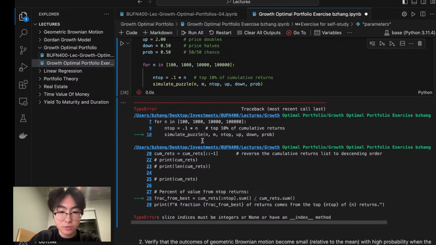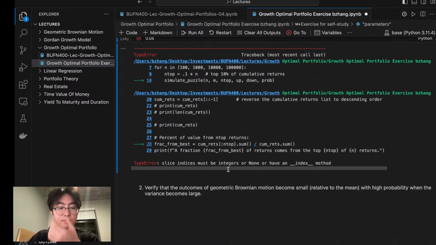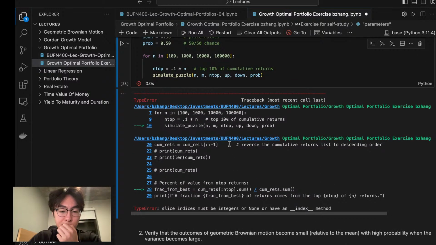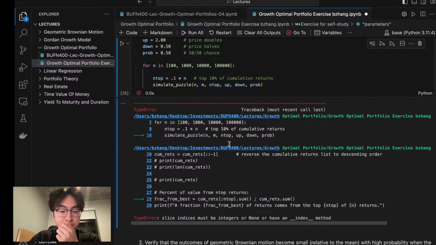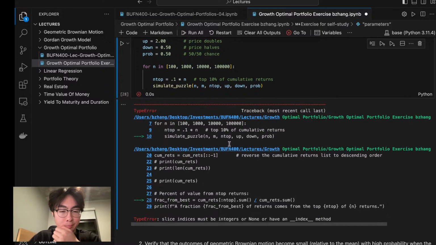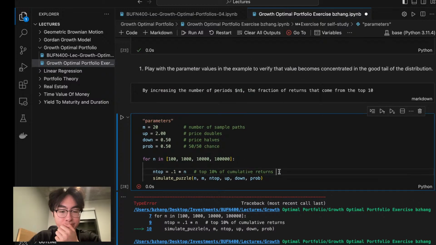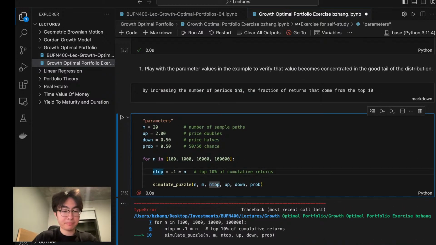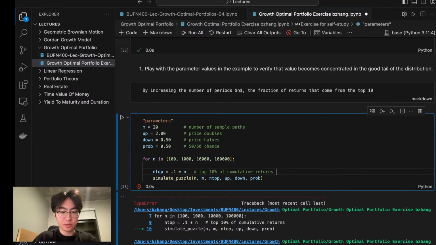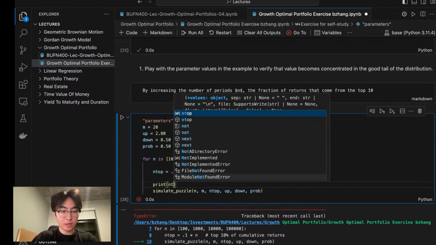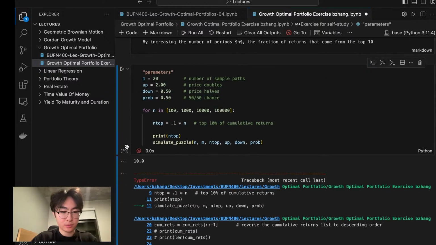Wait, where? Semi-puzzle and M. Wait, what's print ntop? 10.0.